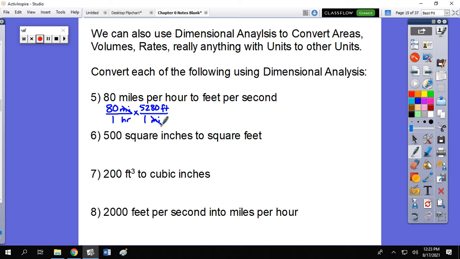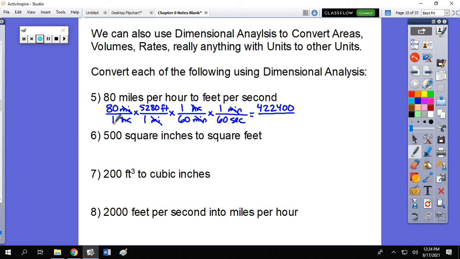So all we need to do is turn hours into seconds and we'll be good. So 1 hour, we need that to cancel, so it has to go on top, is 60 minutes. We are now in feet per minute. And likewise, 1 minute is 60 seconds. So our units are now feet per second. Multiply straight across, 80 times 5,280 is 422,400.